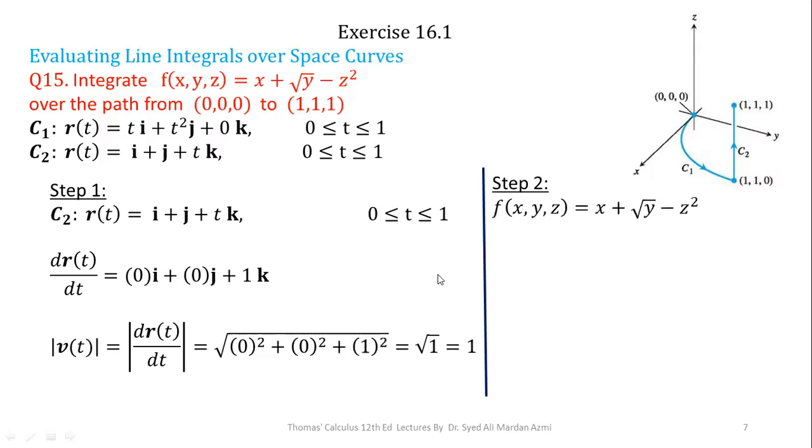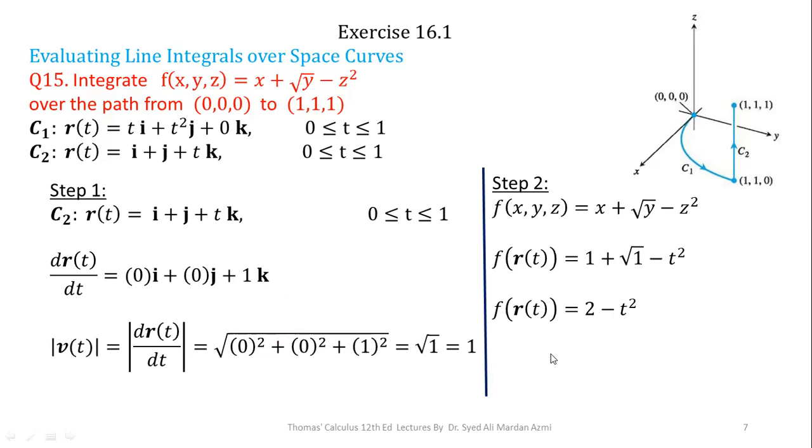In step number 2, we will transform our function in the form of t. Please note that the value of x is 1, the value of y is 1, and the value of z is t. Substituting the values here and then making the simplification, we got 2 minus t square. So step number 2 is completed here.